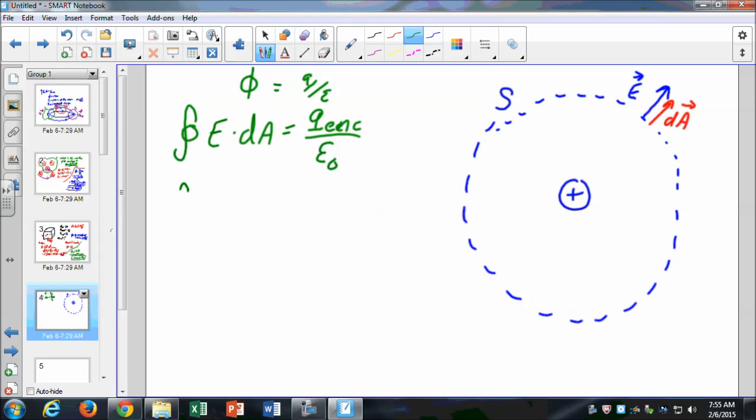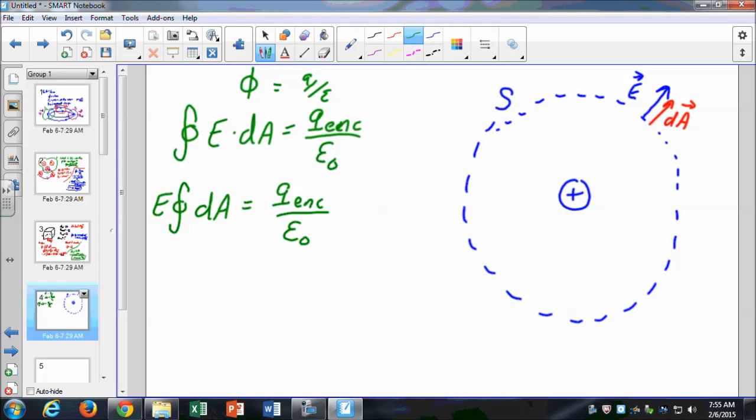I can say then, the E comes out, it doesn't change. dA, I'm left with that, is equal to Q enclosed over epsilon naught.